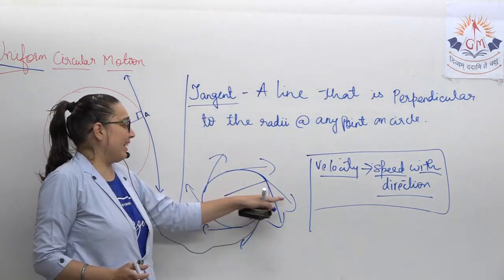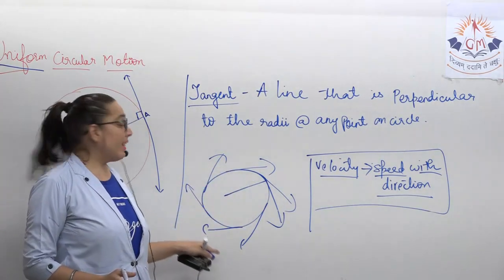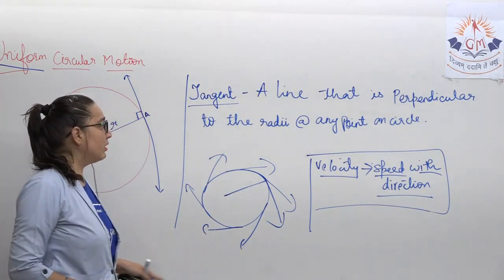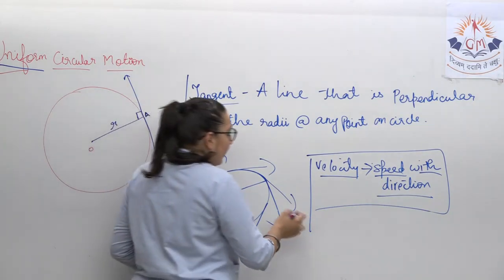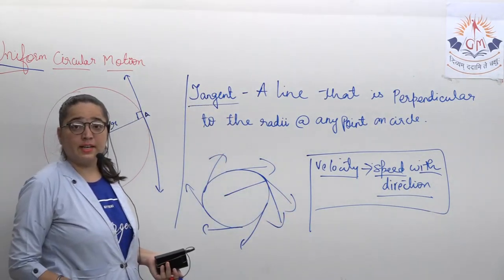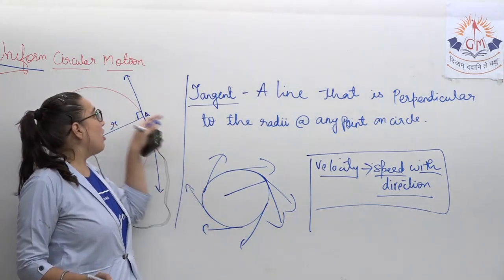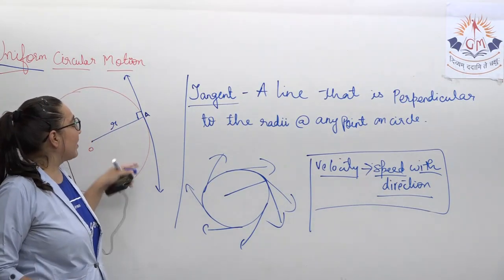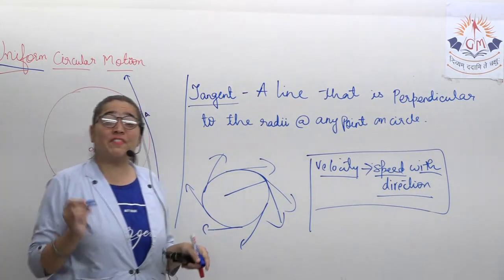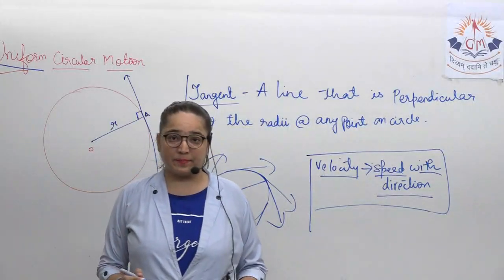Here you can see at each and every point the velocity is going on changing. And this velocity is as per the direction, and the direction is going on changing continuously. So this is how for a uniform circular motion the speed is remaining fixed but the direction is going on changing.